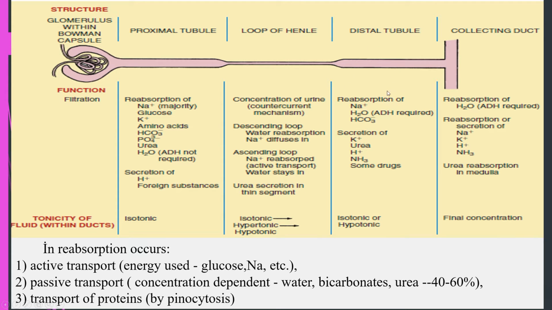In the distal tubule, there is reabsorption of sodium and water, with antidiuretic hormone required, and bicarbonate; secretion of potassium, urea, hydrogen, and some drugs; and formation of isotonic and hypertonic urine. In the collecting duct, there is reabsorption of sodium, antidiuretic hormone is required, there is reabsorption or secretion of sodium, potassium, hydrogen, and urea, and in the medulla the urine is finally concentrated.